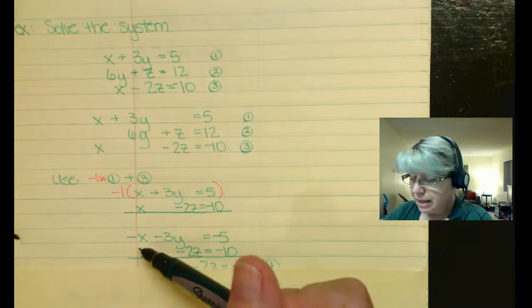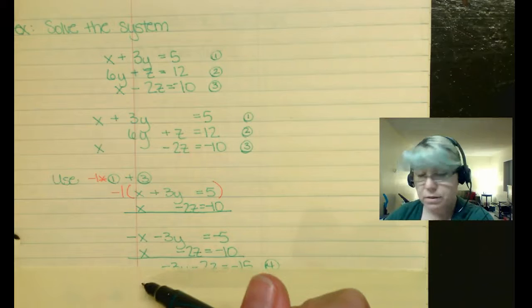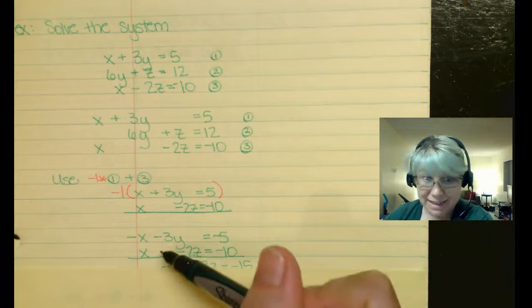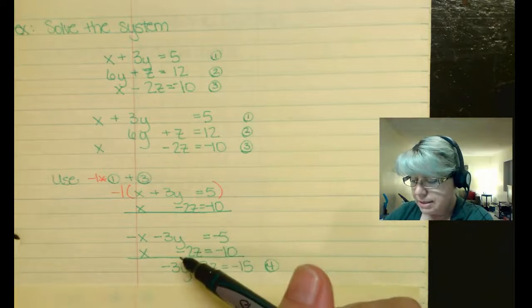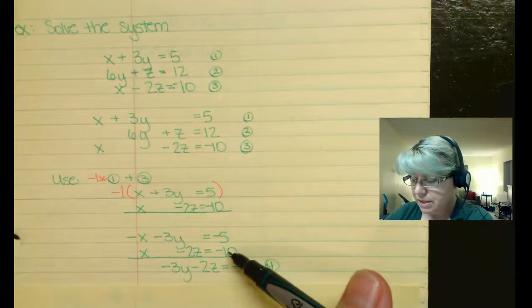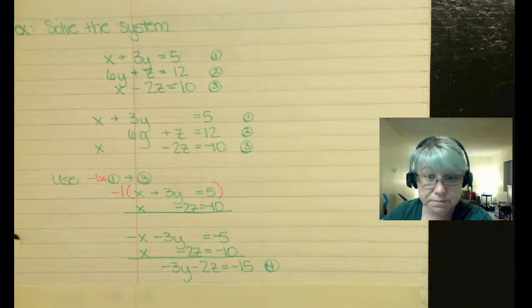So negative x plus x is 0. We eliminated the x. Negative 3y plus nothing is negative 3y. And nothing plus negative 2z is negative 2z. Negative 5 and negative 10 is negative 15. There's our new fourth equation.